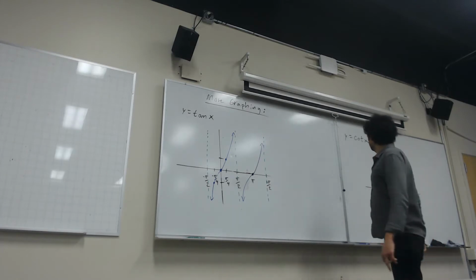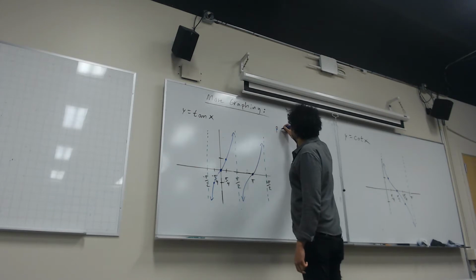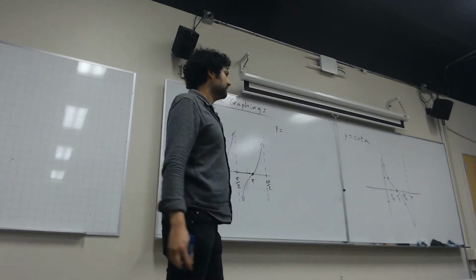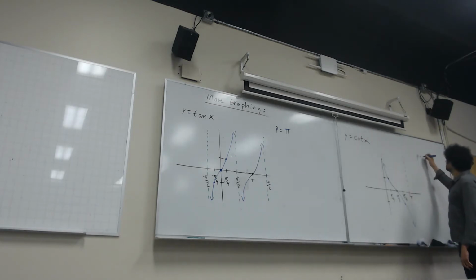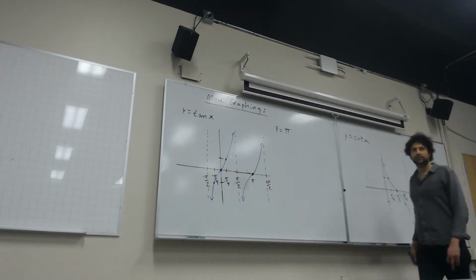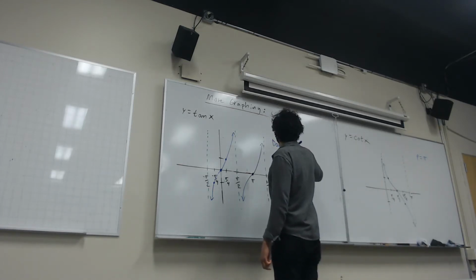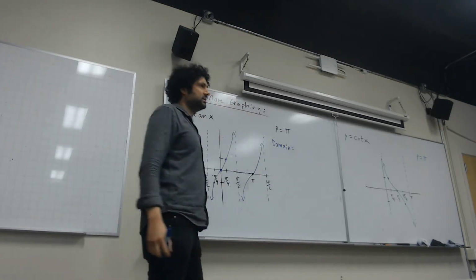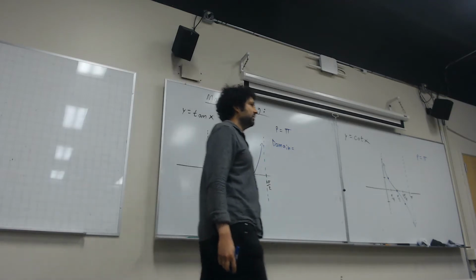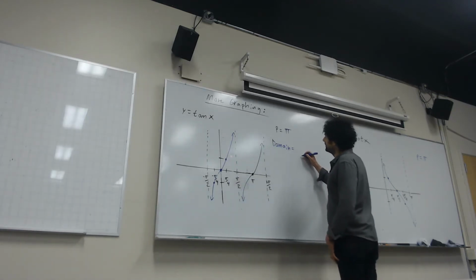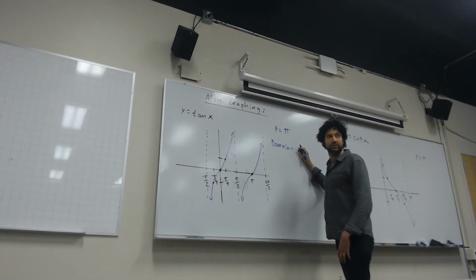Okay, so remember from last time, what was the period for tangent? Pi. Same thing here for cotangent, what's the period? Pi. Domain. We talked about this last time. All real numbers except for odd integer multiples of pi over 2. What did I do last time?